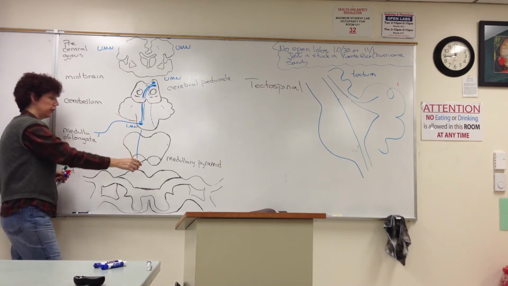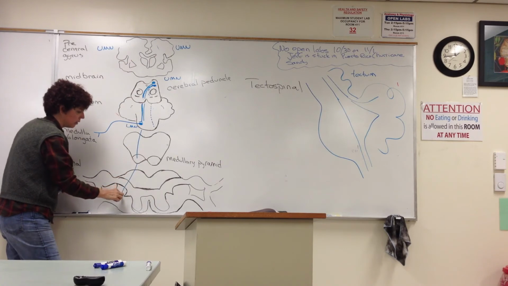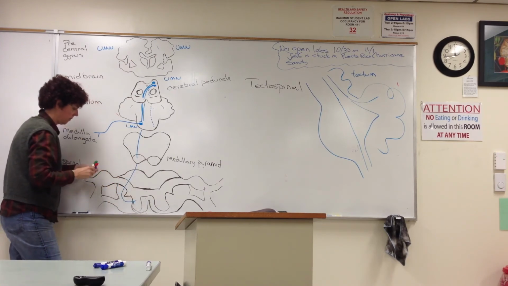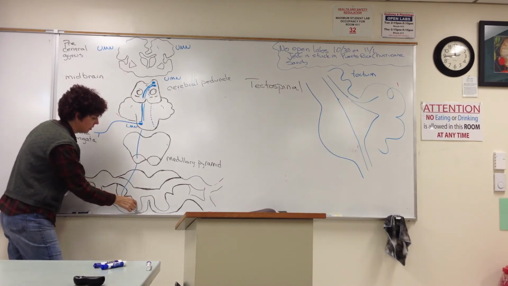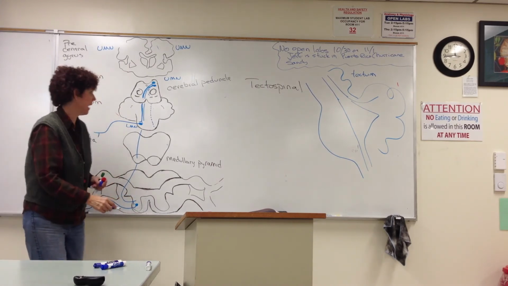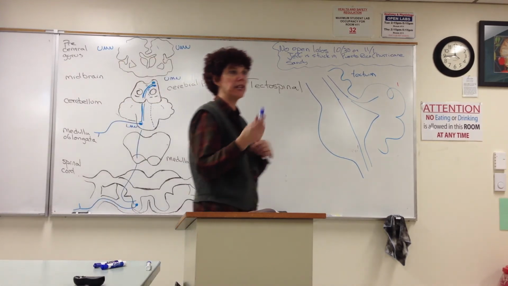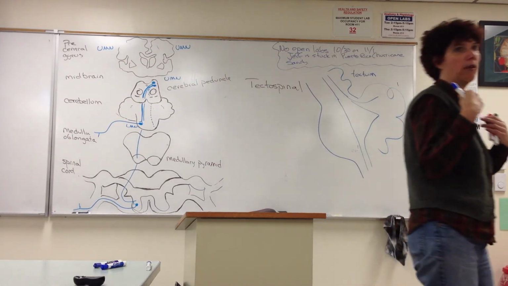Notice we don't cross over, because we crossed over already up here. And then in the cervical spinal cord, we would go to the anterior gray horn, to muscles involved in turning the head. So where that lower motor neuron is just depends whether it's eyeball movement or head and neck movement.